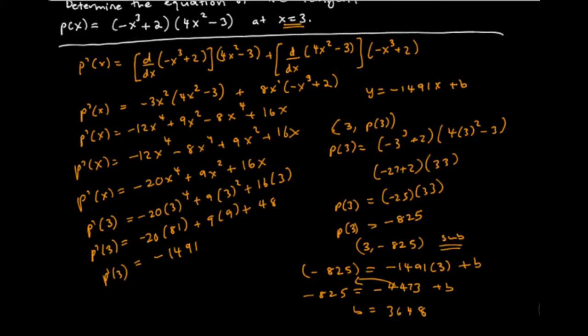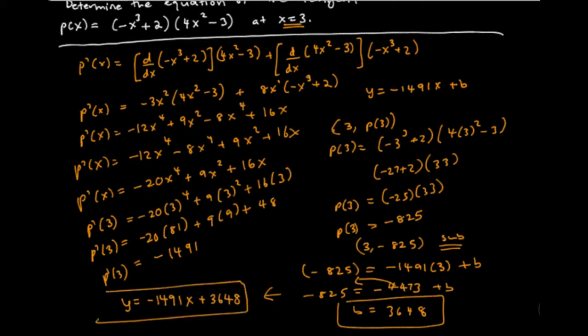Okay, so yeah, these numbers are kind of extreme. But now we have our equation, so y is equal to negative 1491x plus 3,648. Okay, so this is the equation of our tangent.